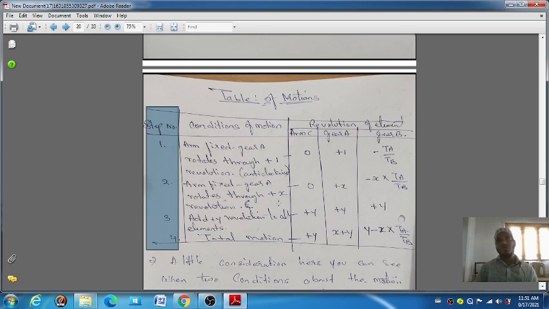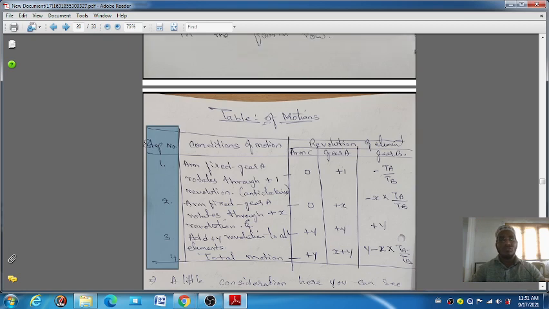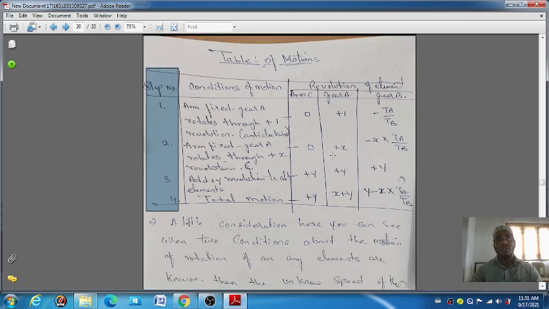Just now we told you, first we take the plus 1 value. Since gear A is on the same axis as the arm C, we first take 0 for the arm. We take plus 1 for gear A and minus 1 for gear B, as I told you just now.